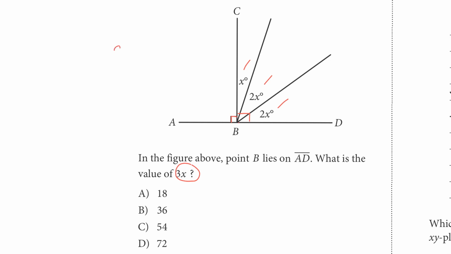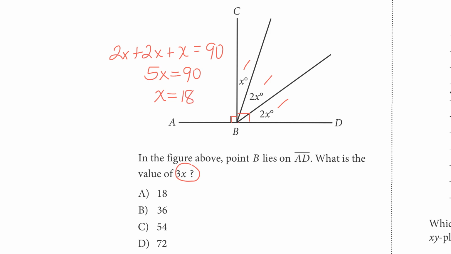So we're going to have 2x plus another 2x plus x is equal to 90. 2 and 2 is 4 and 1 more is 5. So 5x is equal to 90. And if you divide by 5, 90 divided by 5 is 18.